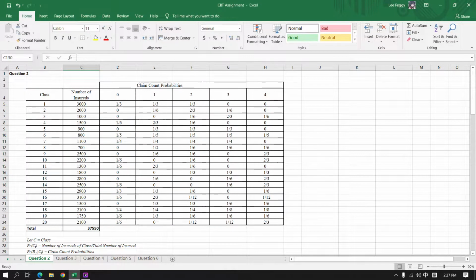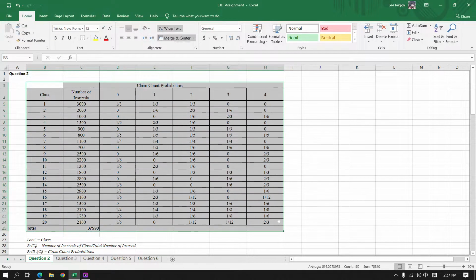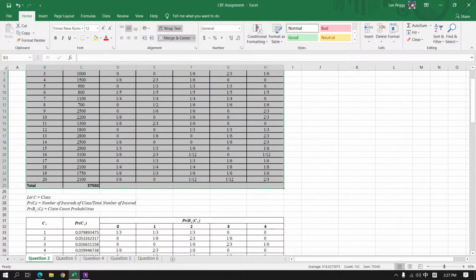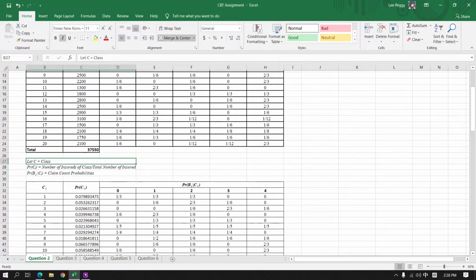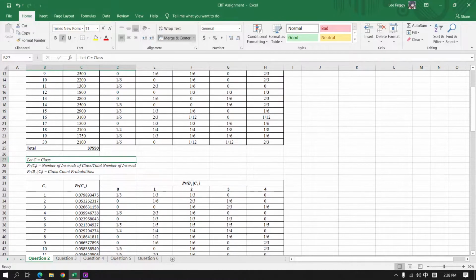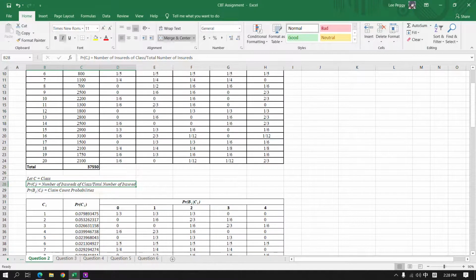Okay, in my Excel sheet, this is the exact data given by the question. So we let C equal class, and then we can find the probability of Ci with the formula: number of insured of the class over the total number of insured.